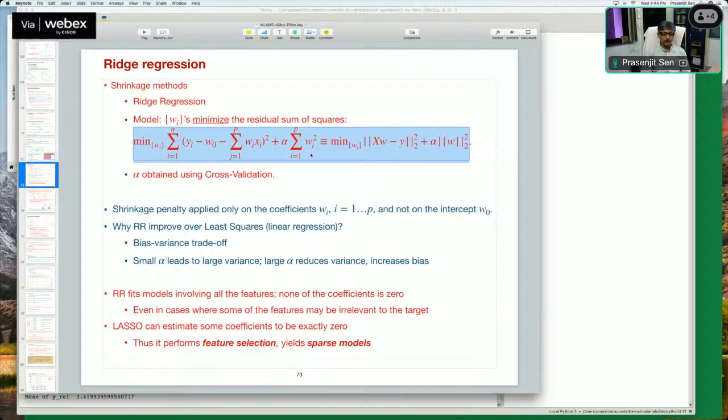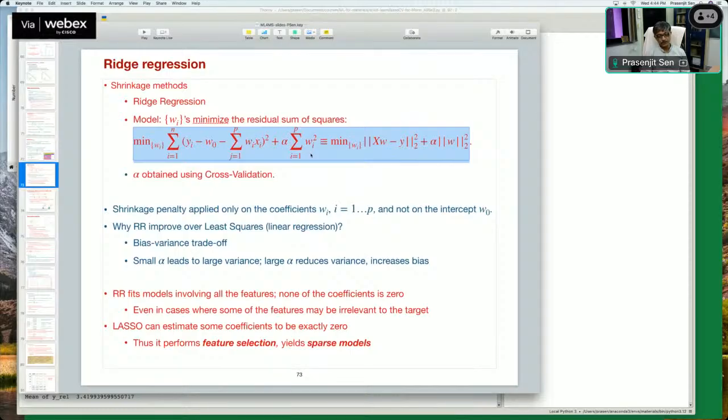So for both these models, whether lasso or ridge regression, why do we do this at all? What we gain is in terms of bias variance trade-off. If you have alpha equal to zero, then it has large variance. You are fitting a linear model, and if you have a different training data set, you will get a different line.